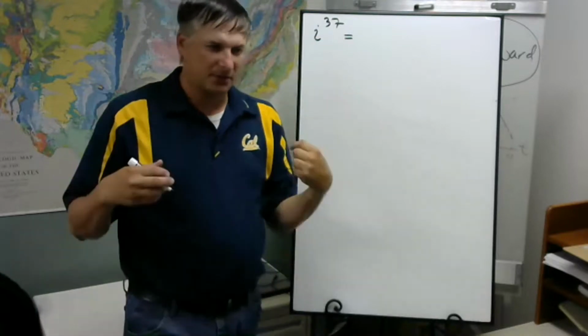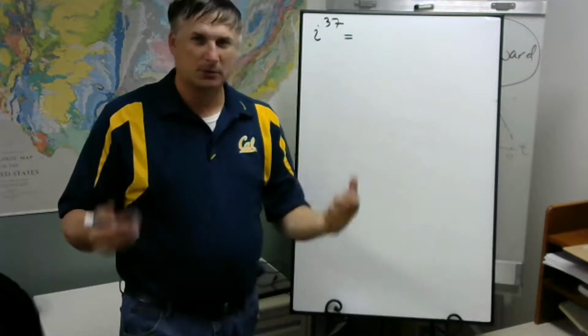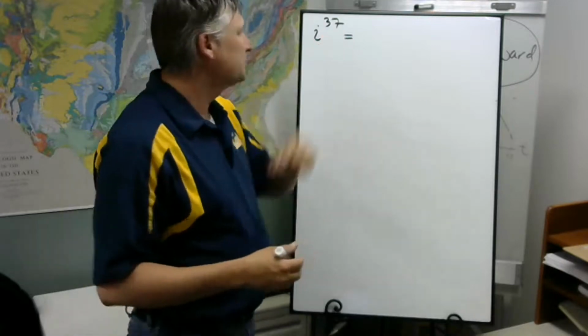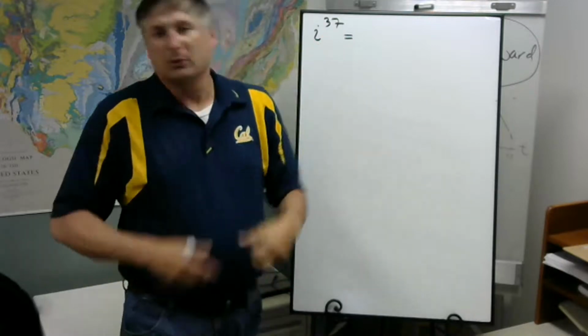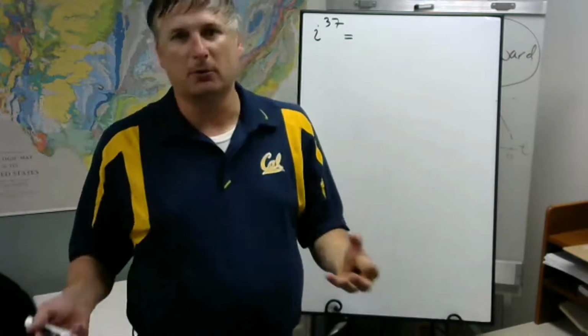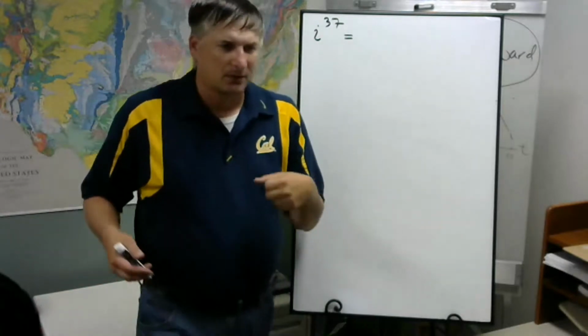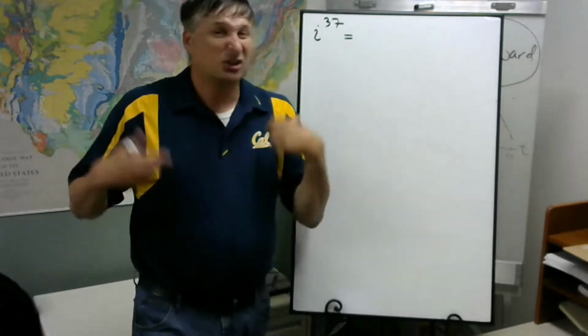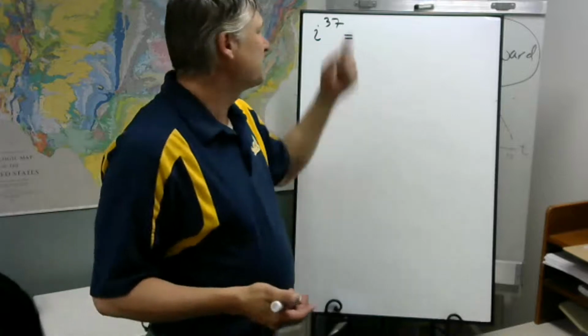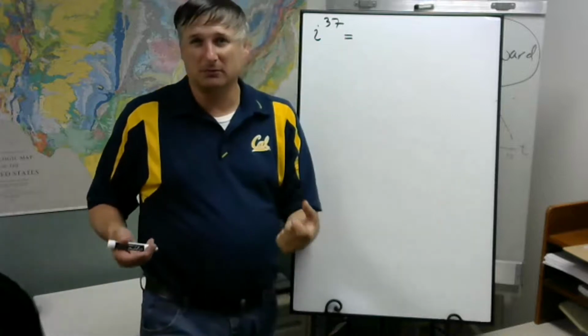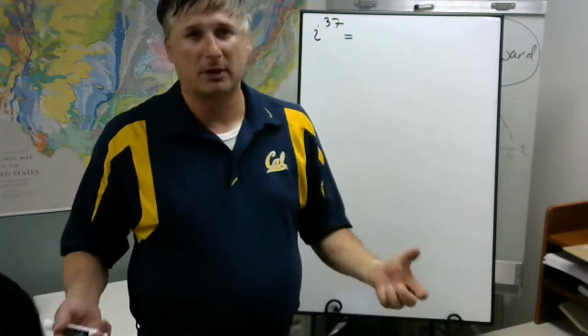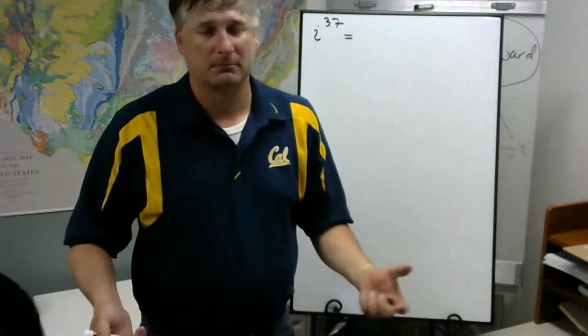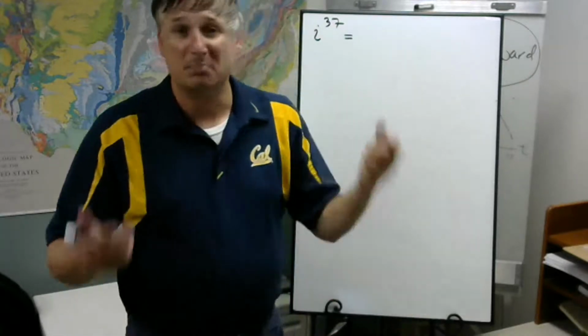A number that's less than 37 that's a multiple of 4, but it's closest to 37. So like 12. 12 is a multiple of 4, it's 4 times 3. But it's not the largest number that's less than 37 that's still a multiple of 4. Like 24 is also a multiple of 4, 6 times 4, and it's bigger than 12.